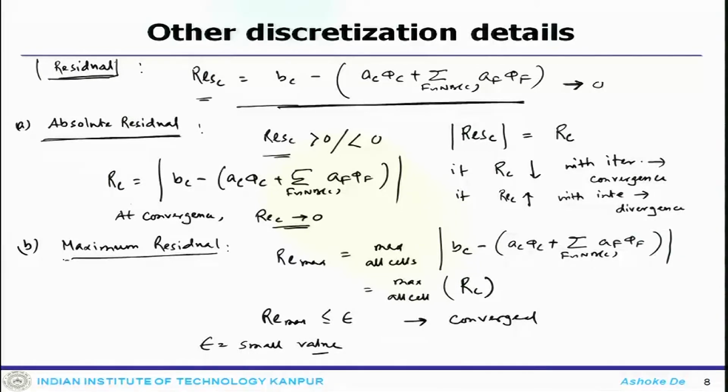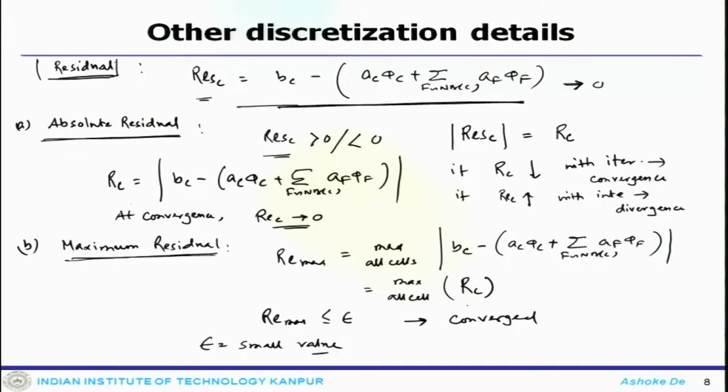So, instead of looking at the absolute residual, you may look at the maximum residual. You calculate RC for one particular cell, then go over the complete domain and calculate this absolute residual for each cell, and after doing those calculations you check what is the maximum value of that residual.